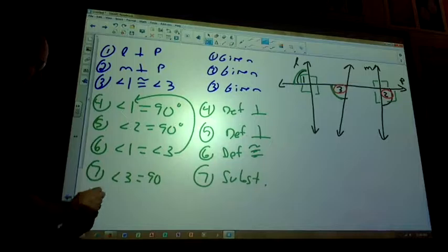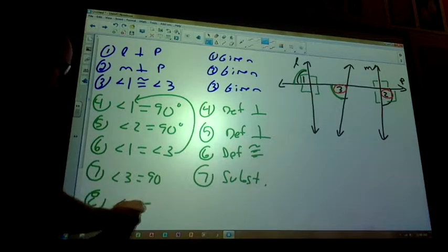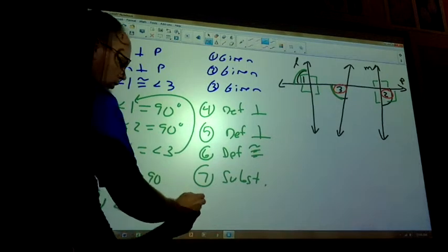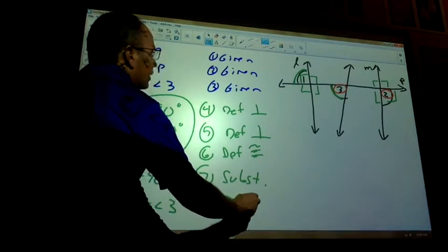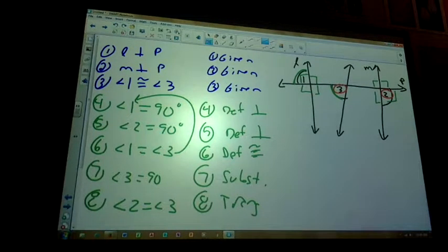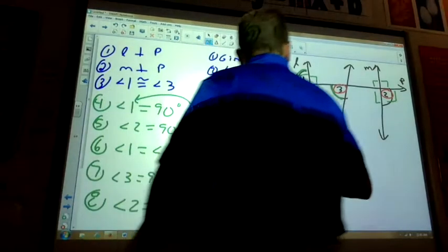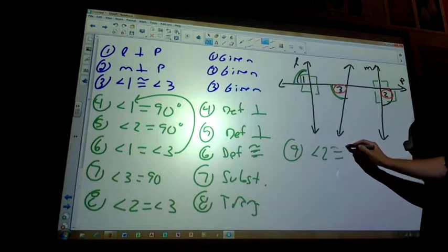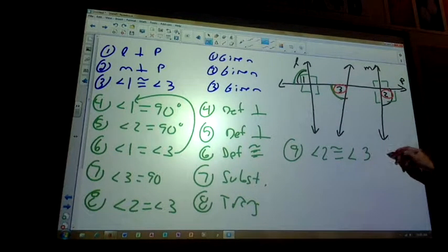And then step 8, I can then say that angle 2 is equal to angle 3. That's transitive. And where are we trying to prove congruent? Yep. And then last step, and that is definition of congruent. Cool. Good. I like that one.